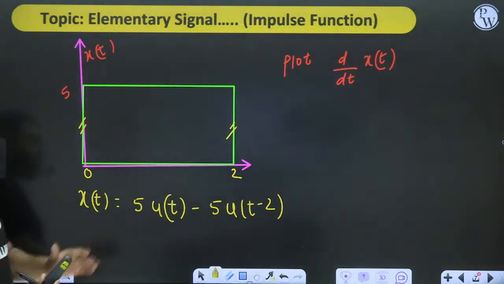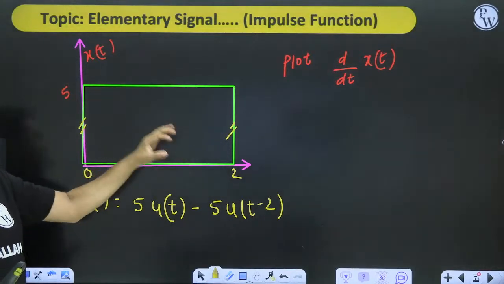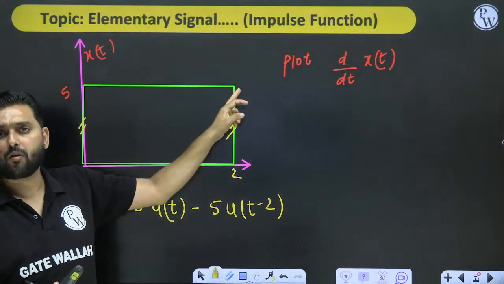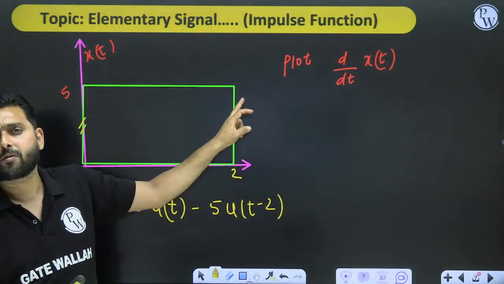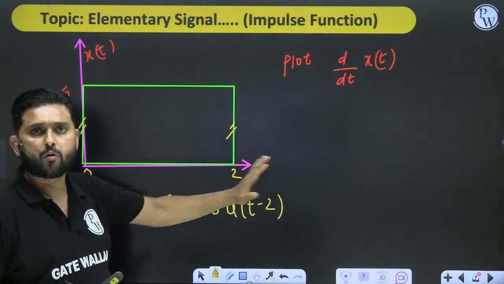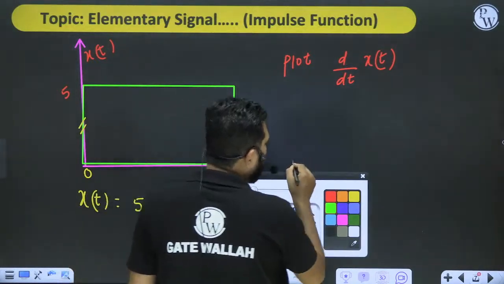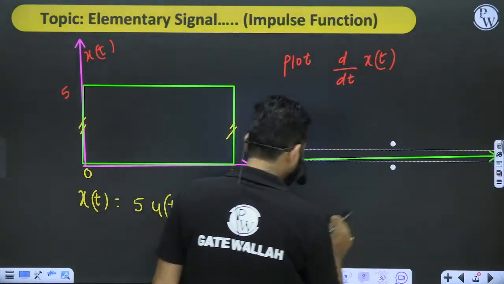If you take the derivative of this function, everywhere it is constant, so the derivative is equal to 0, but it exists at t equal to 0 and t equal to 2. So let's plot the derivative. The plot of the derivative is very simple.